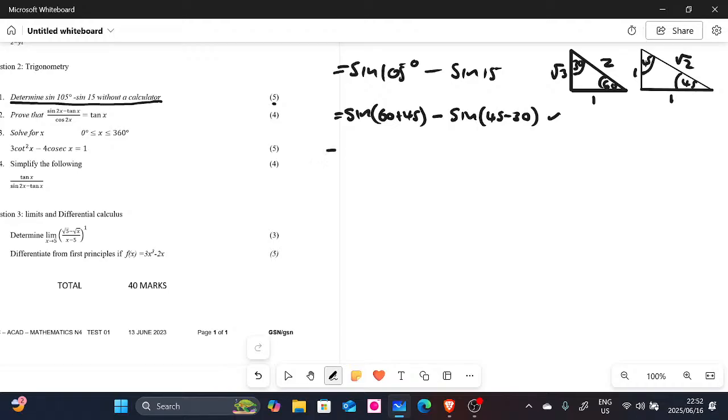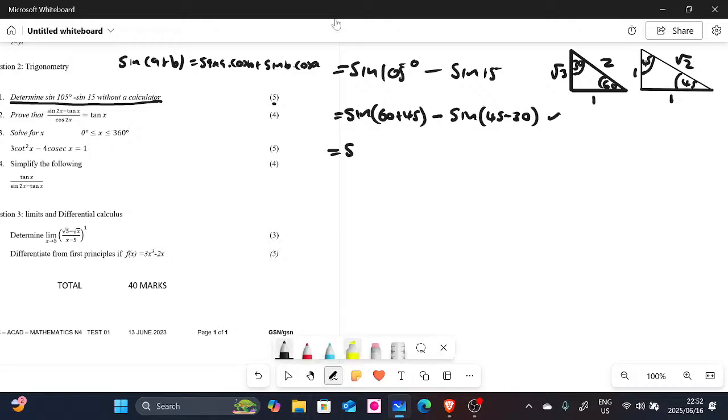So let's expand it. Now, if you look on your formula sheet, when you expand sine... Oh, before, let me just show you here. If you have sine of A plus B, as you can see there, when you expand, this is gonna be sine A multiplied by cos B. Since we have plus here, it's gonna be plus sine B multiplied by cos A, right?